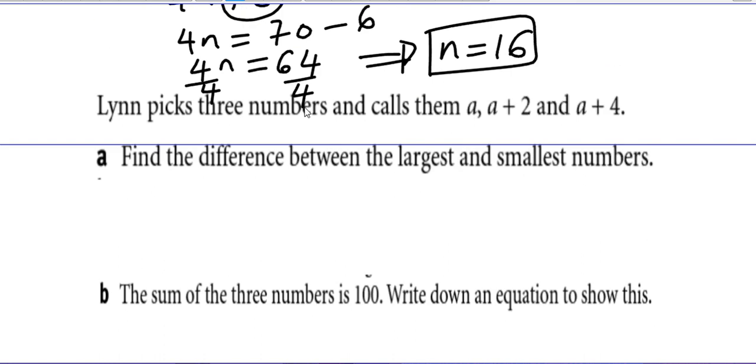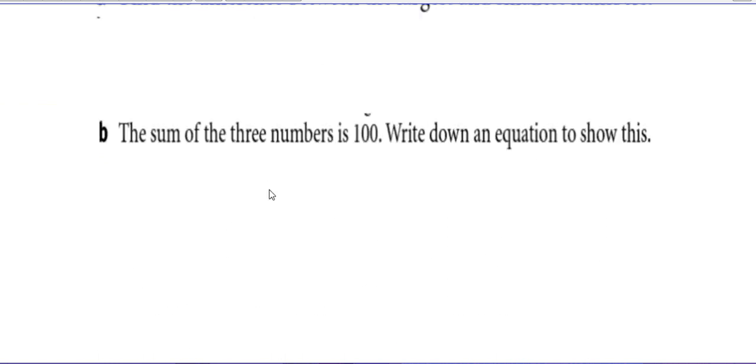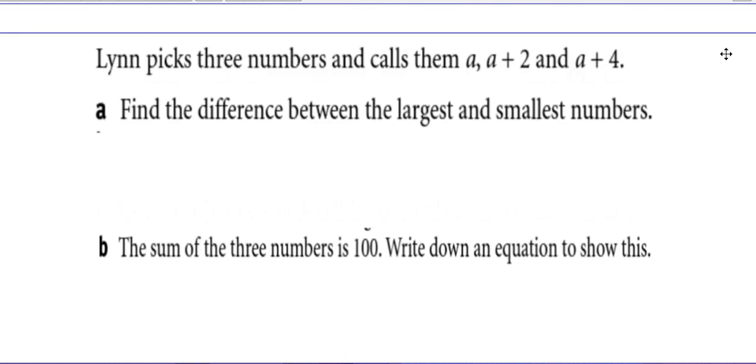Okay, we have another question over here. Lynn picks 3 numbers and calls them A. The first number is A. The second number is add 2 to the previous number, so A plus 2. Another third number is A add 4. That means add 4 to the previous number.